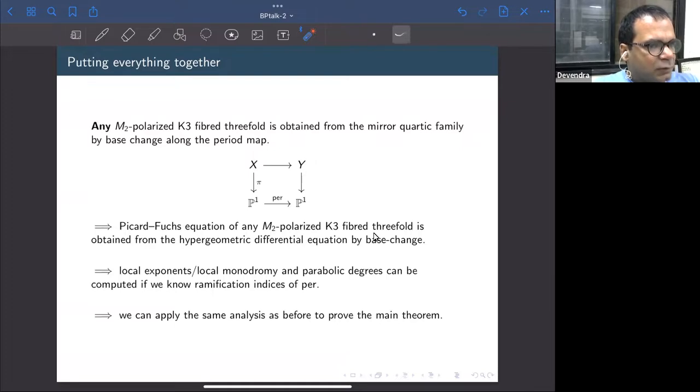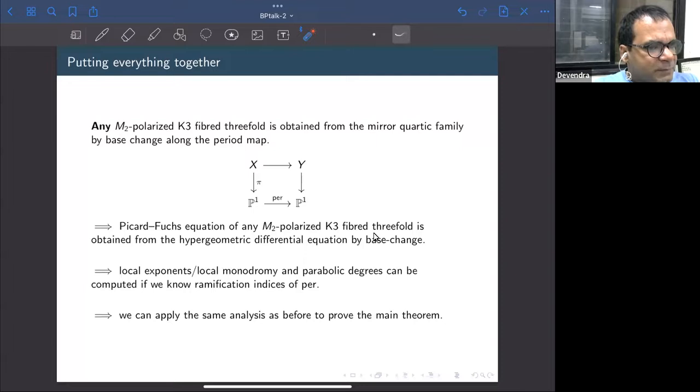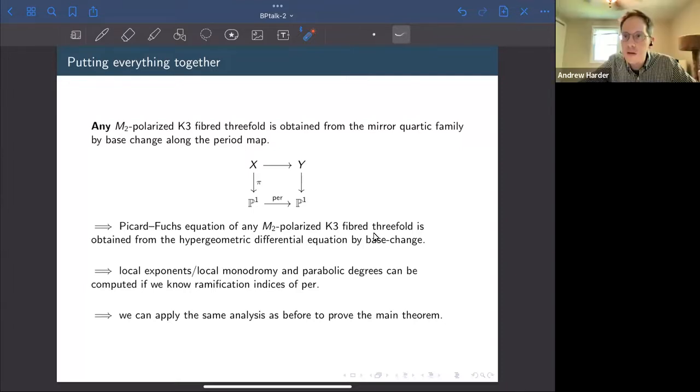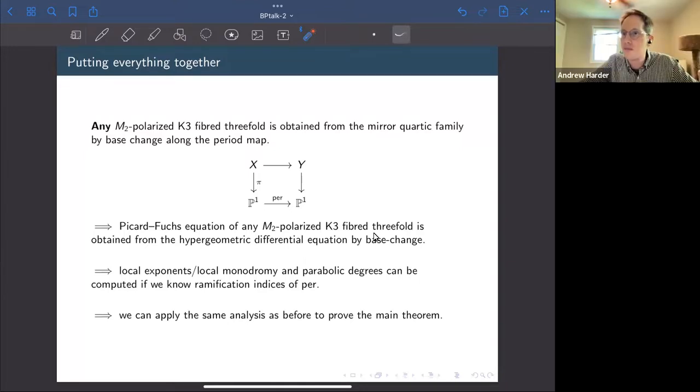Are there more equations which are not hypergeometric also? Pardon me, I don't think I understood. With moduli space being dimension 1, are there Calabi-Yau threefolds which are not hypergeometric? Yeah, there's lots. So you can even construct some from this construction.